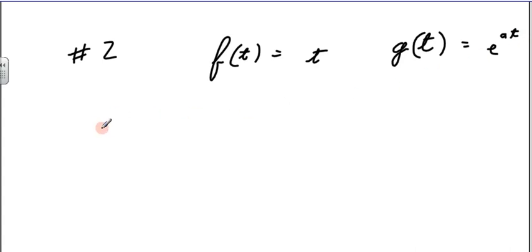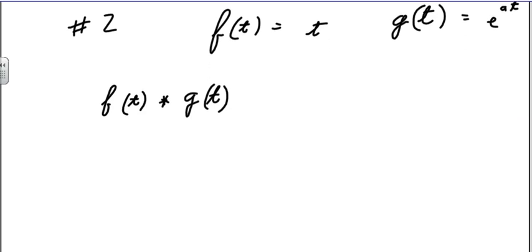And I want to know what f of t convoluted with g of t is. Okay, that's what I'm going to do.